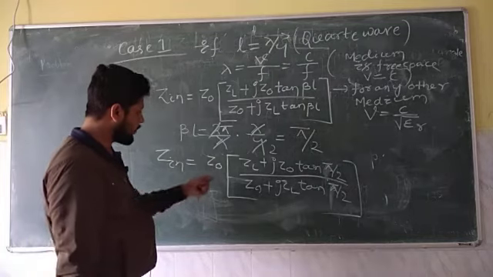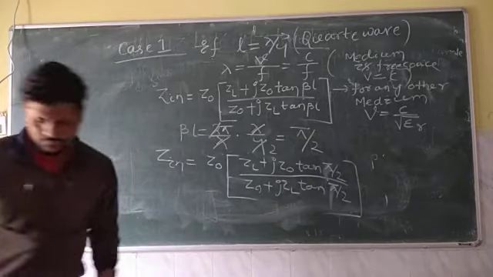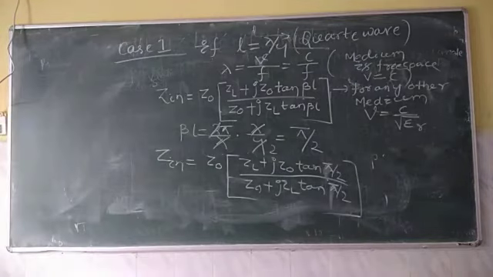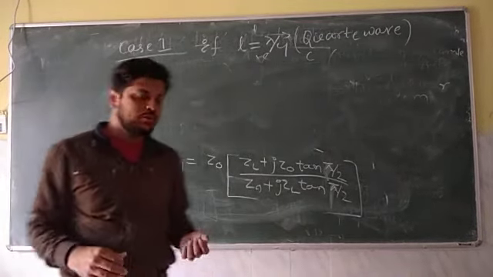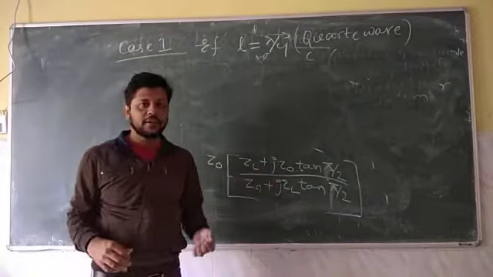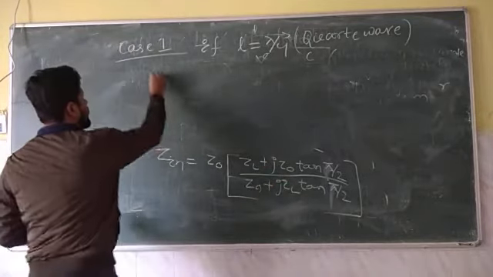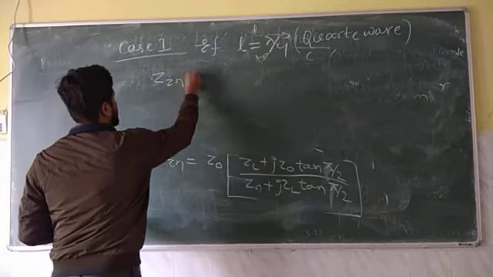So I have to take a common factor here. How to calculate? We know tan theta is sin theta by cos theta. So I am going to write this here.